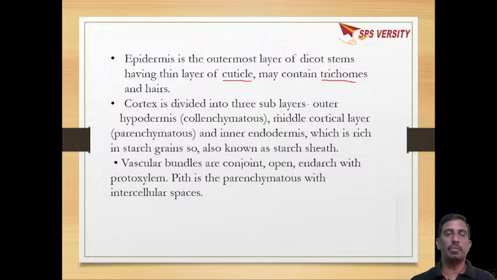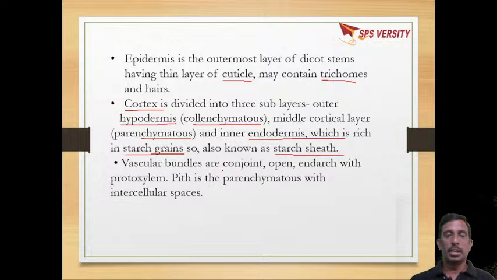The next part after epidermis is cortex, which is made up of hypodermis, which is made up of collenchyma, middle cortical layer, which is made up of parenchyma, and innermost layer endodermis. Endodermis, which is rich in starch grains, इसको क्या बोलते हैं कि starch sheath.